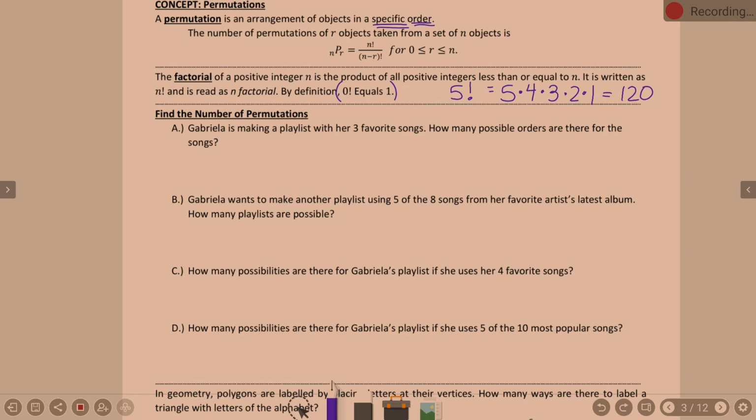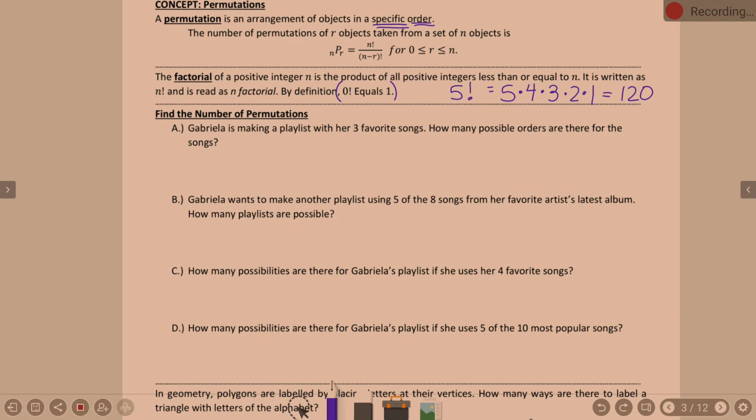So Gabriella is making a playlist with her 3 favorite songs. How many possible orders are there for the songs? Now, there's a couple different ways we can do this. Making a playlist with her 3 favorite songs. Does order matter here?